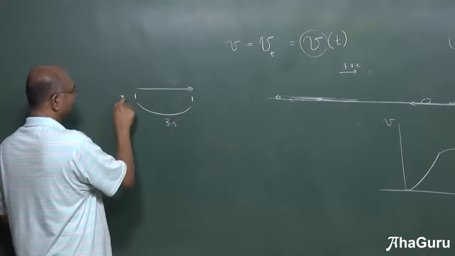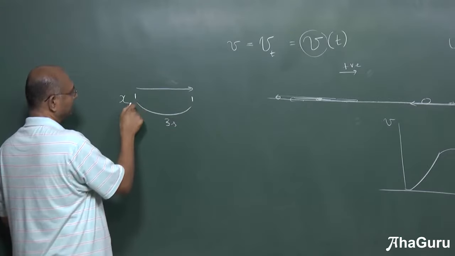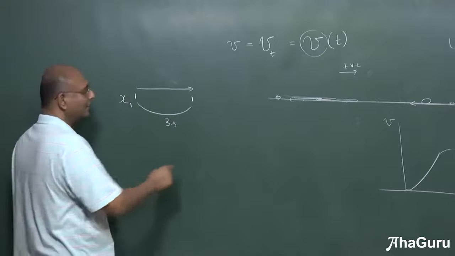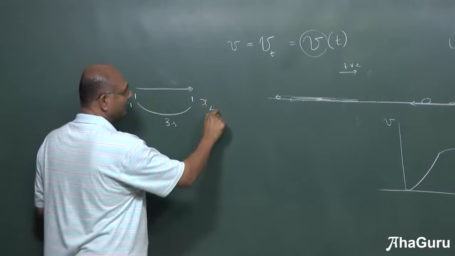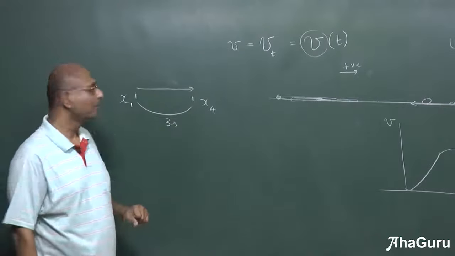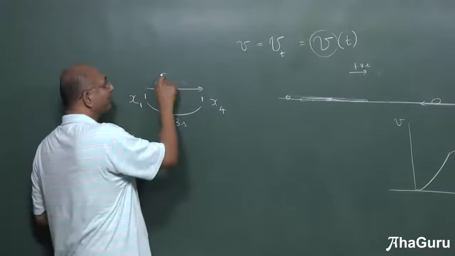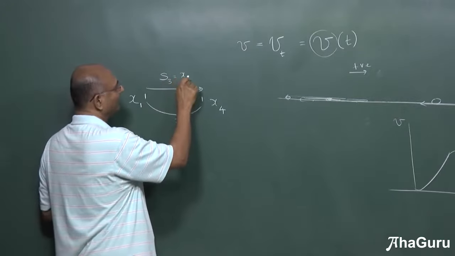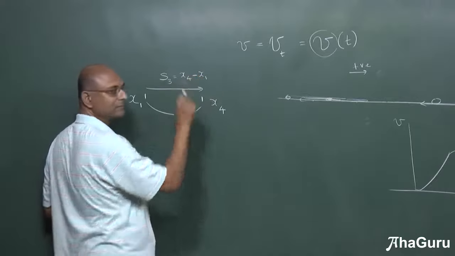This is x at, let us say, t equals 1. That is x at t equals 4. I'm going to call that x4. What is this? Displacement for 3 seconds is x4 minus x1.